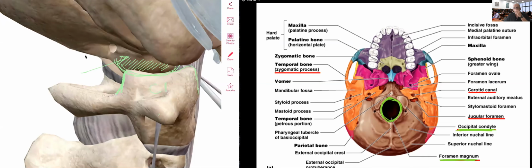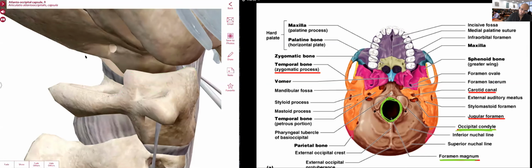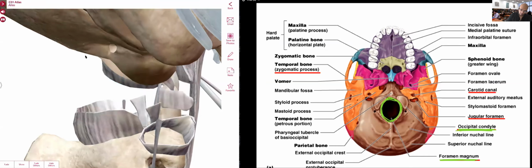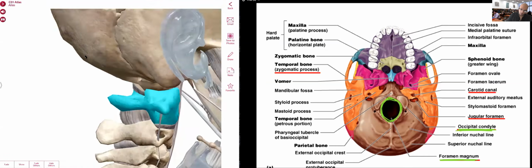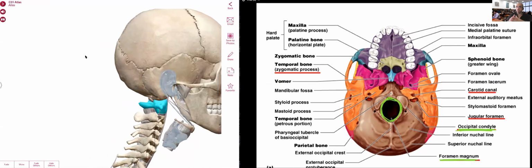Another name for C1 is atlas. Why do we call this? What do you think is the relation between the book that contains the maps?